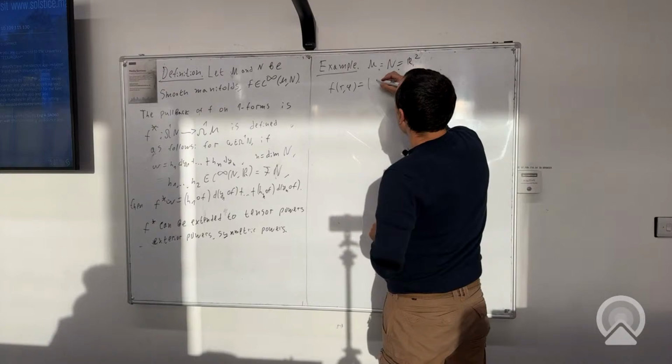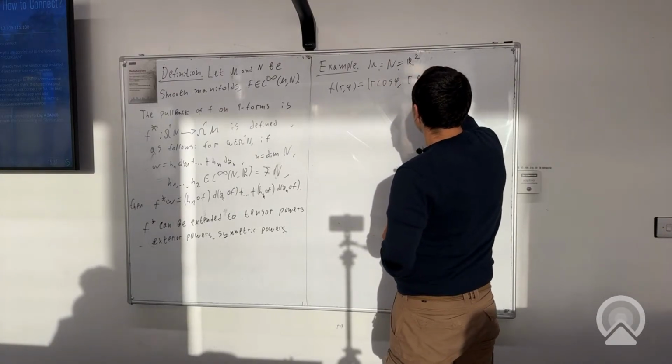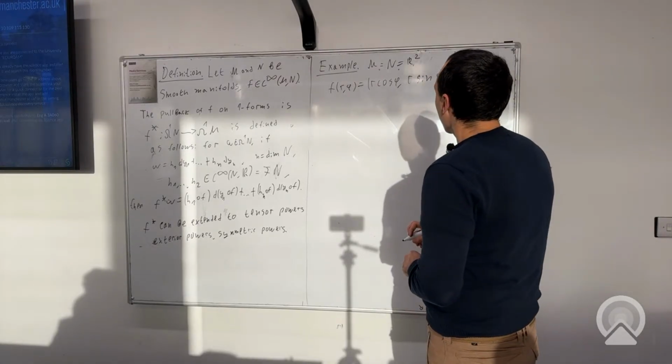I'll give the polar map, F of (r, phi) equals (r cosine phi, r sine phi).